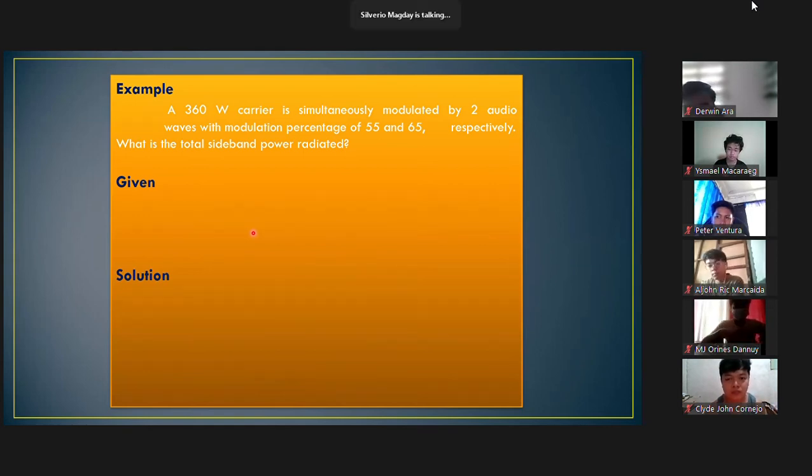We need to calculate the total modulation index before we multiply it with the given carrier power to get PT, the total sideband power radiated.